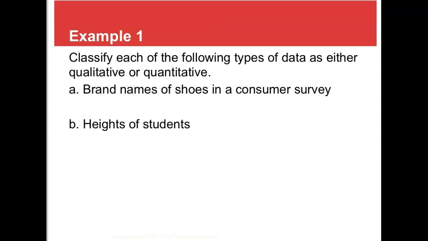Qual. Just remember, quantitative is quantity. That's a number. Qualitative is a category. A synonym for qualitative is categorical. Heights of students. Quantitative.